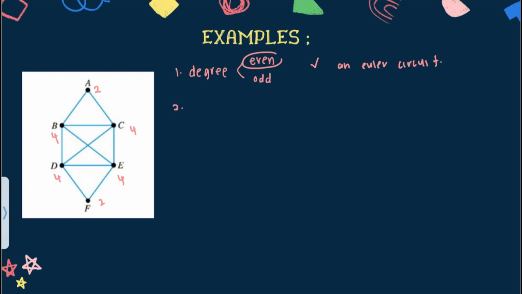The second step is we need to identify and make sure the start and end points are at the same vertices.